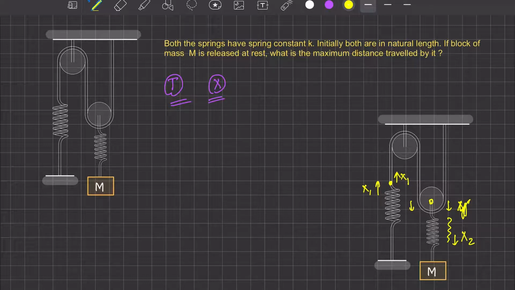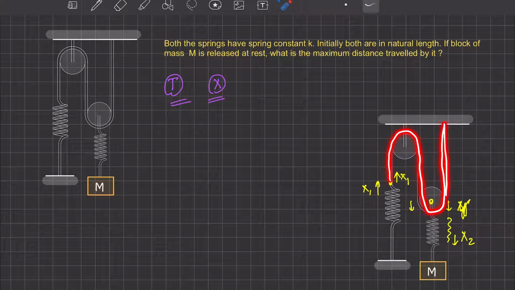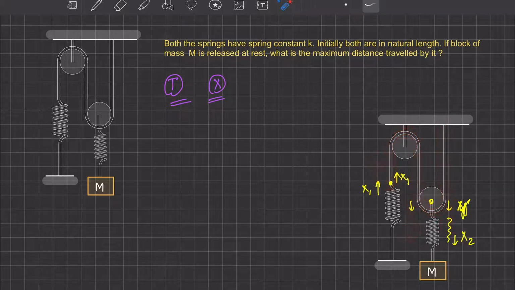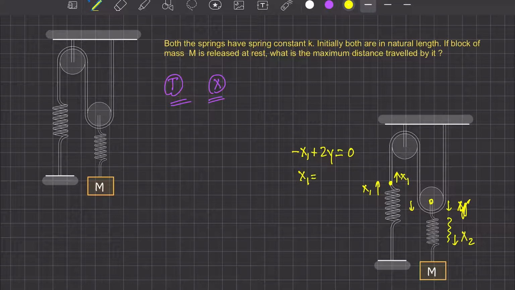Now if we apply constraint motion in this part of the string, where this point is moving up and these two points are moving down, let's apply the point method. According to the point method, we get the equation minus x1 plus 2y equals 0, or x1 equals 2y, or y equals x1 by 2.